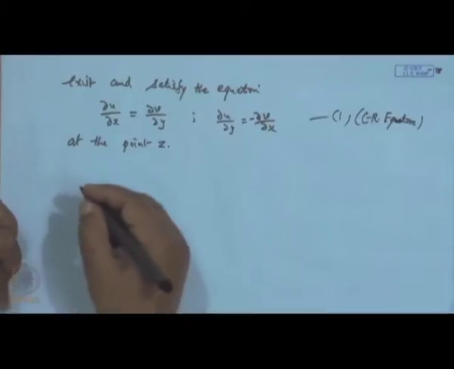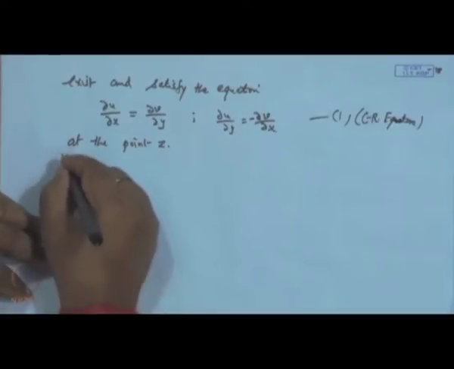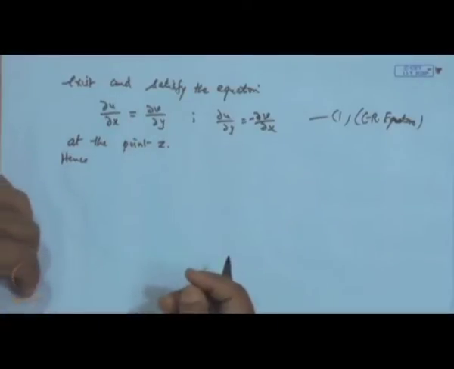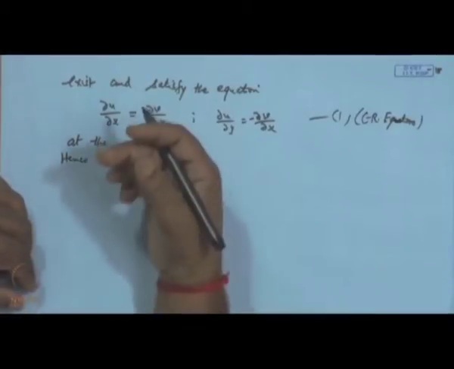Now, similarly, you can derive the same for analyticity also, because if the function is analytic, it has to be differentiable. So, these are the necessary conditions for differentiability, so they will be the necessary conditions for analyticity of the function also.